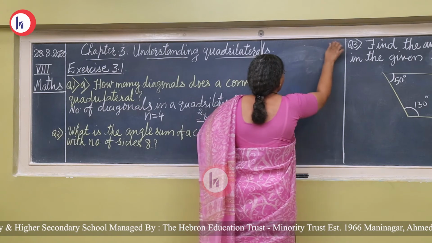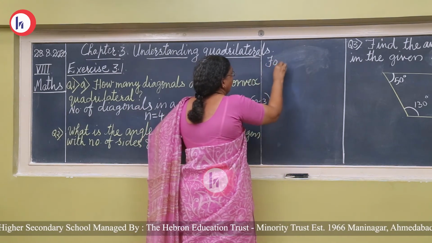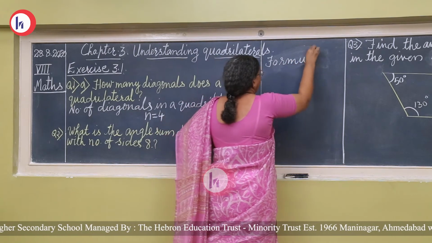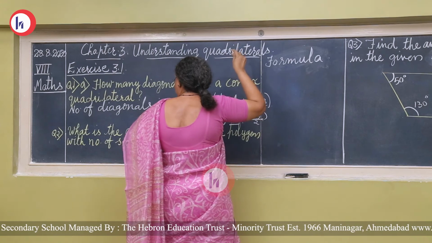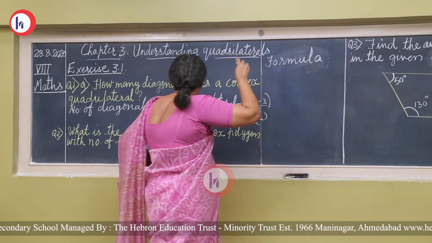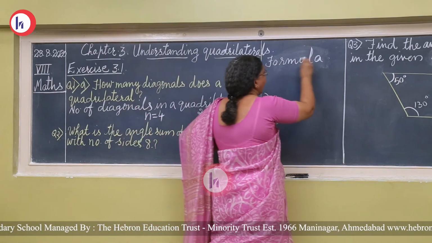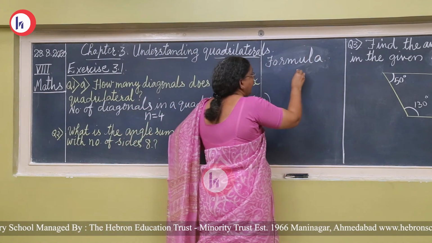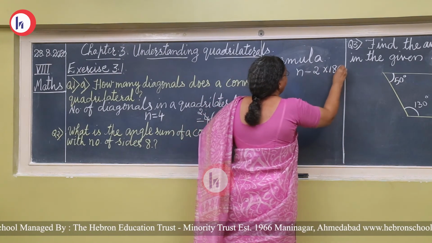That n is the number of sides, and this is the angle sum property. So the formula for the angle sum property is n minus 2 into 180 degree.